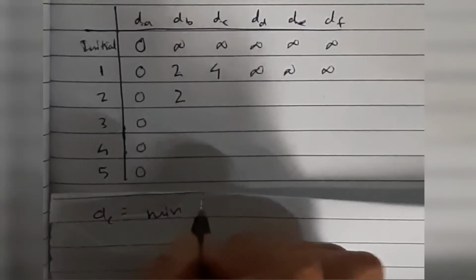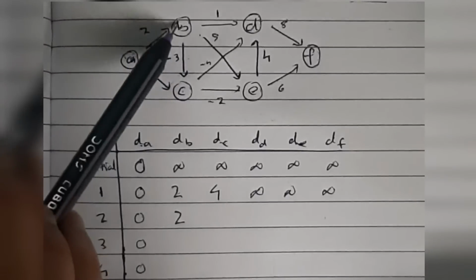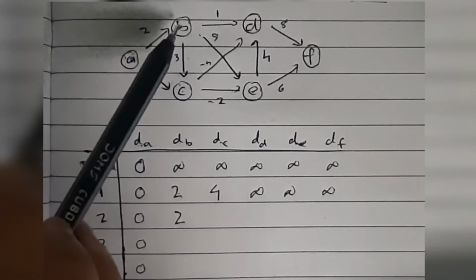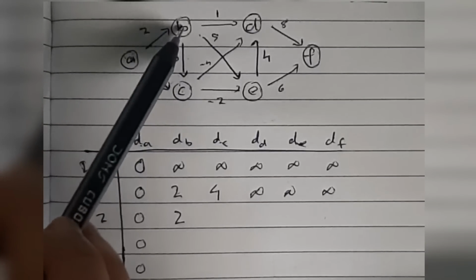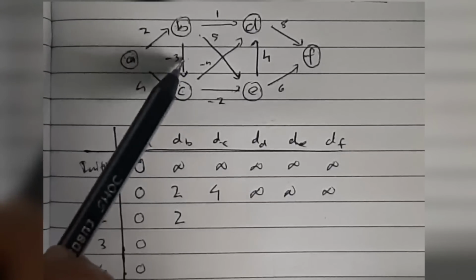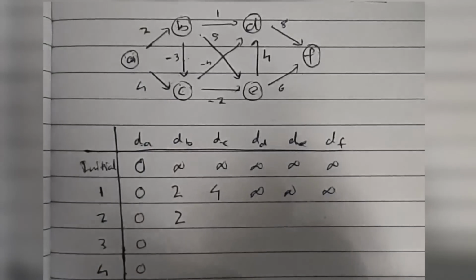So for dC the formula will be minimum of dA plus cost of A to C, comma dB plus cost of B to C. See, dB means from B also I am coming to C, right? So dB plus cost of B to C. The value dB has, plus the cost of this edge, because we are traveling from B to C. Okay, so that I will be writing here.